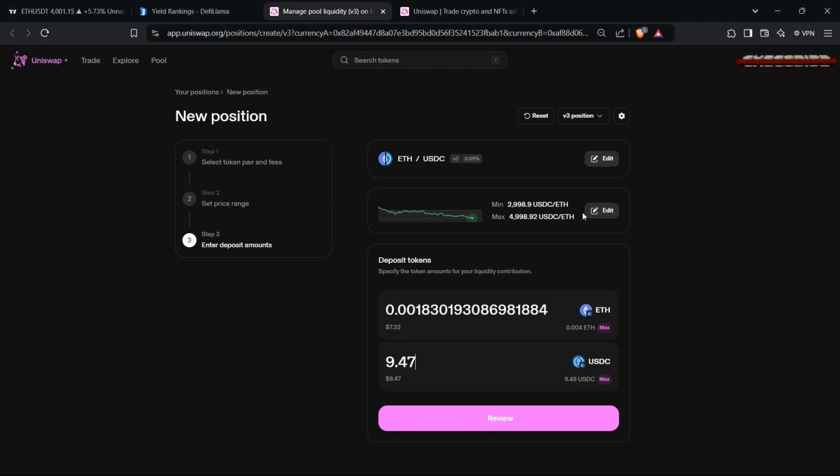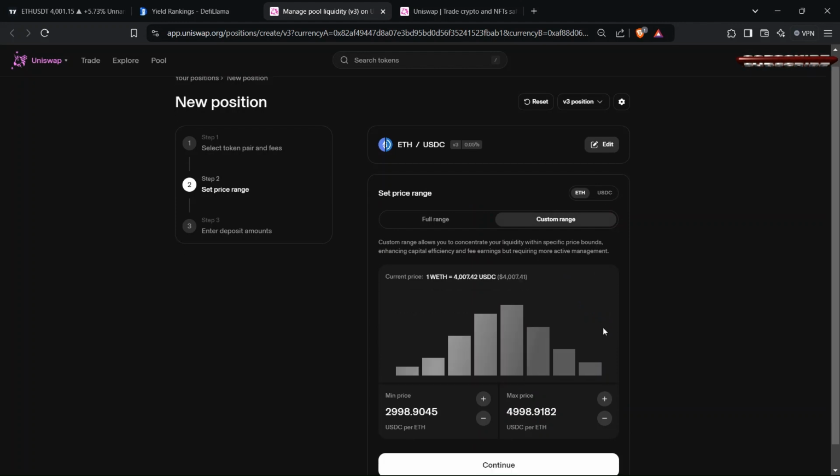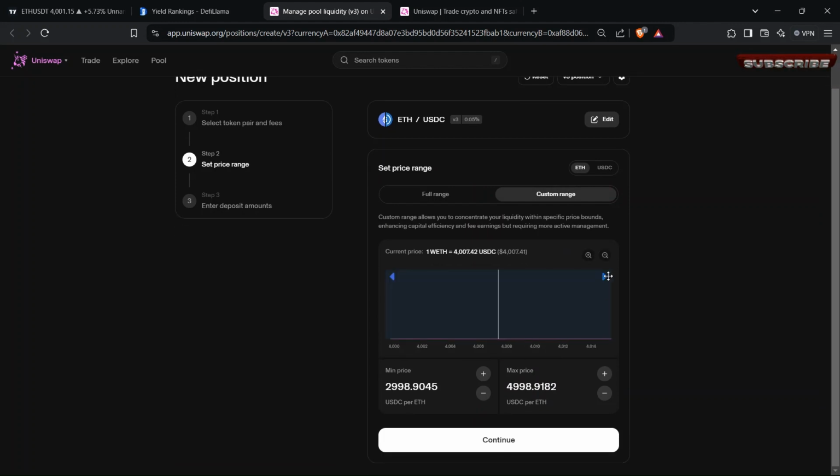So let's say now I would like to edit this range, and I would like to set the minimum price at the actual price now of ETH, and for the maximum price, what I think ETH is going to achieve in the short term, let's say 5,500 Ethereum.